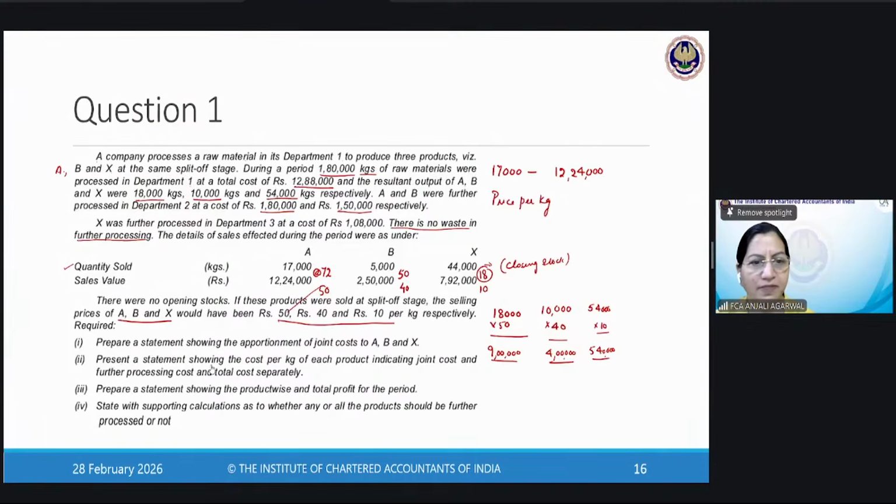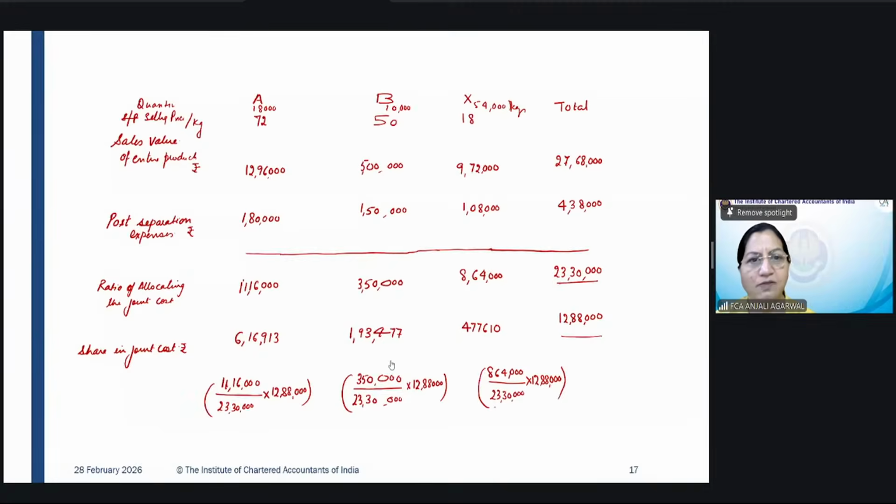Second, prepare a statement showing the cost per kg of each product, indicating joint cost and further processing cost and total cost separately. So we have to find out the cost per unit. So what you will do is 6,16,913, joint cost per unit. I will do this calculation here only, although this should be a part of the second statement. So 6,16,913 divided by 18,000.